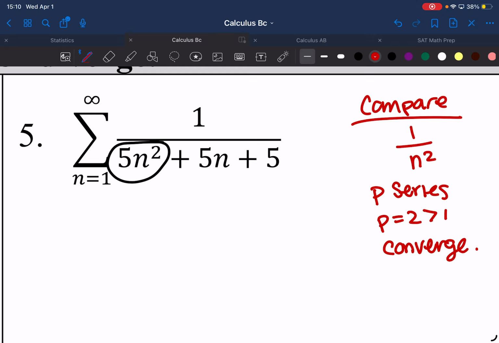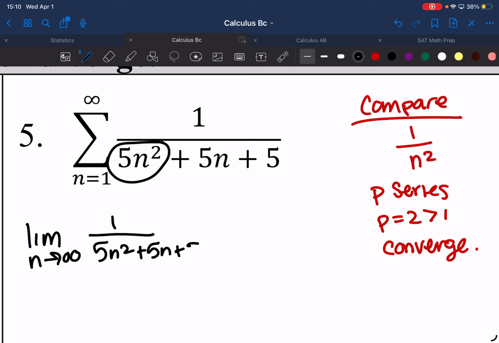Okay, next step, I say the limit as n approaches infinity of the entire a sub n, so 1 over 5n squared plus 5n plus 5, divided by b sub n, but instead of dividing, I'm multiplying by the reciprocal, so this is n squared over 1.